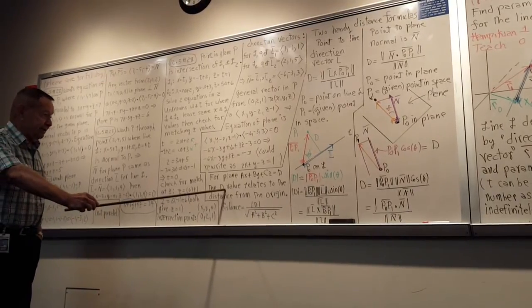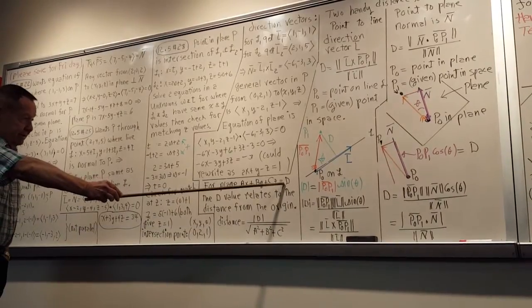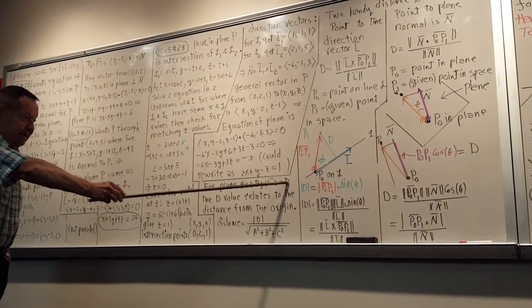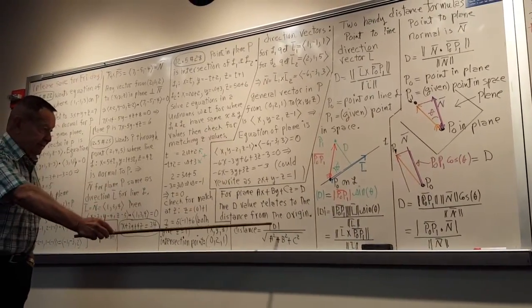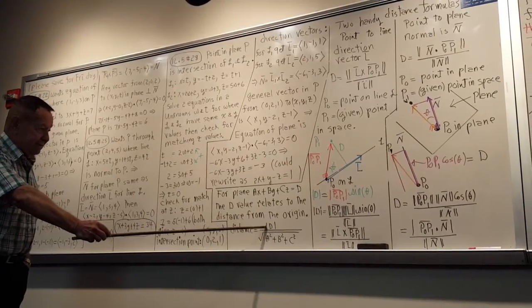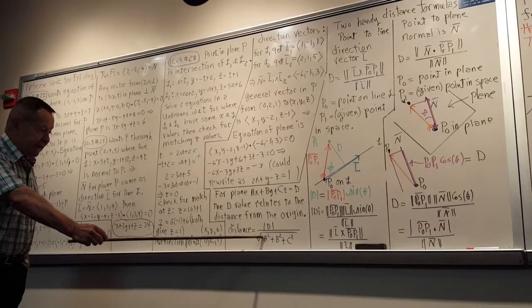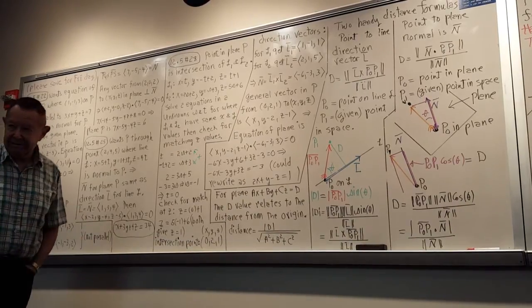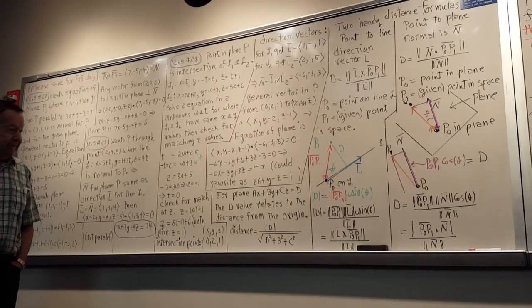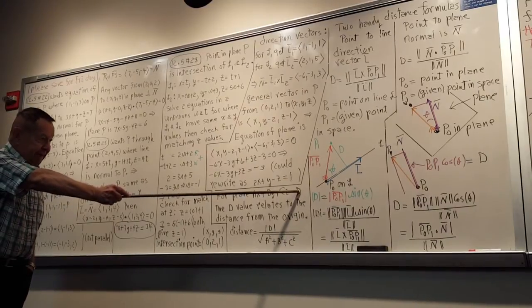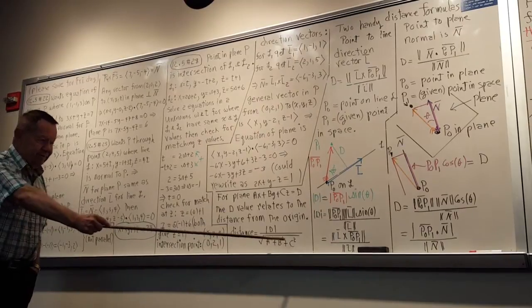It relates to the distance from the origin, but the actual formula is your absolute value here. This D could be a negative number. It's a number, it's not a vector, but it still could be negative. So this is the regular absolute value sign, and it's divided by the dot product of the attitude vector with itself. So it isn't just the magnitude of this number, it's the magnitude divided by the square root of the sum of the squares.